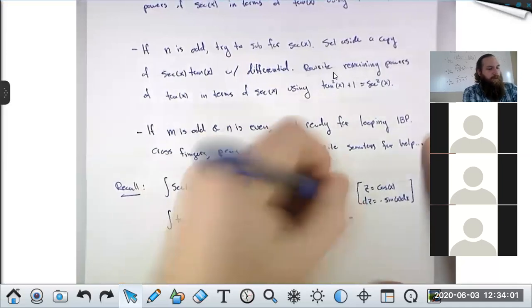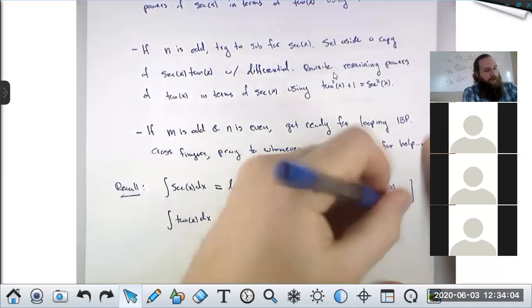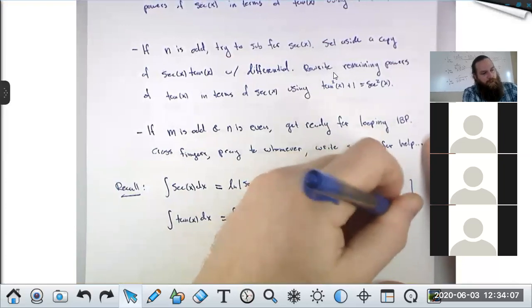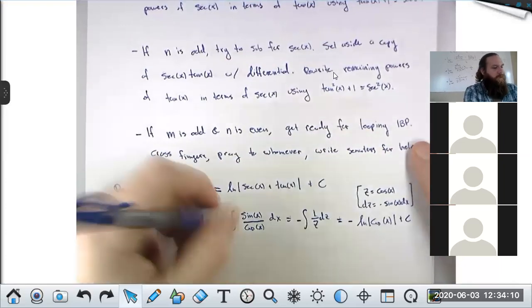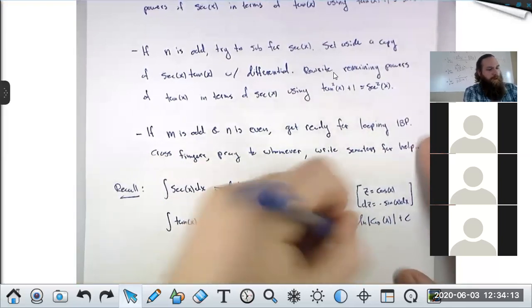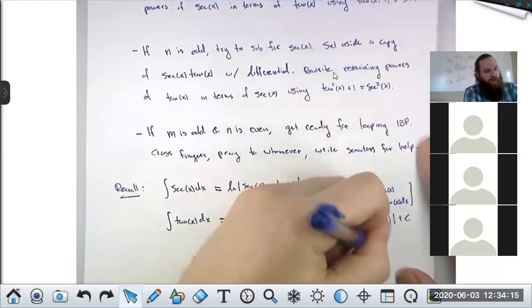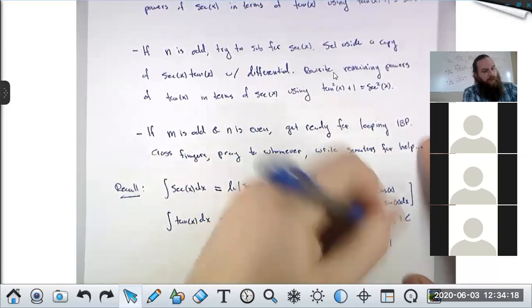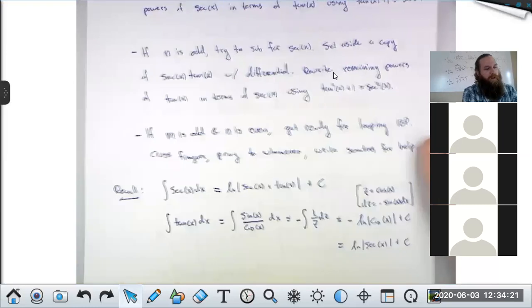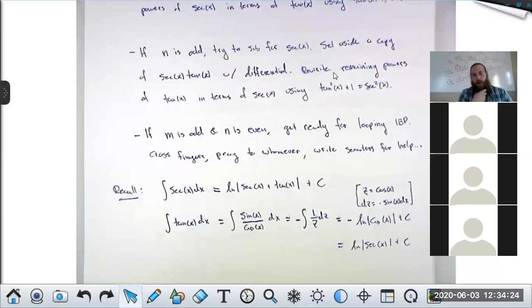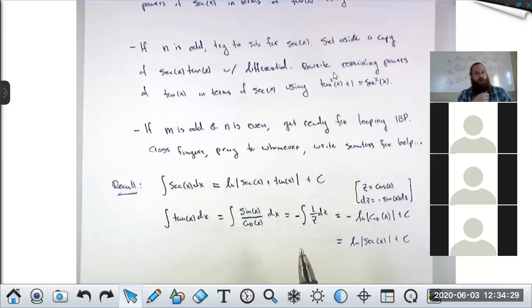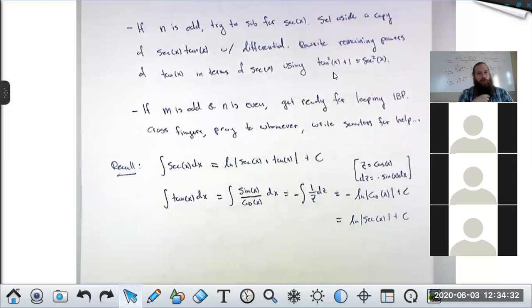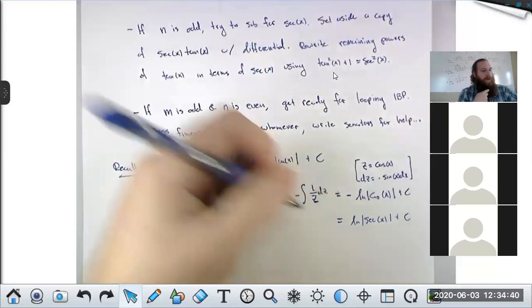So you get out the negative ln of cos x plus c, which you could write as ln of secant x plus c, because this negative could come inside as a power, and the negative first power or reciprocal of cosine is secant. So either of these is fine for the integral of tangent. Make sure you remember one of them. I think the negative ln of cos x is the most natural way to remember it because that's what you get right away from this substitution.